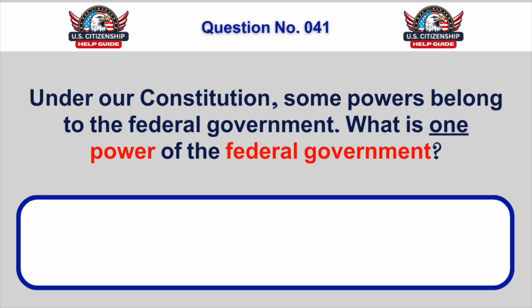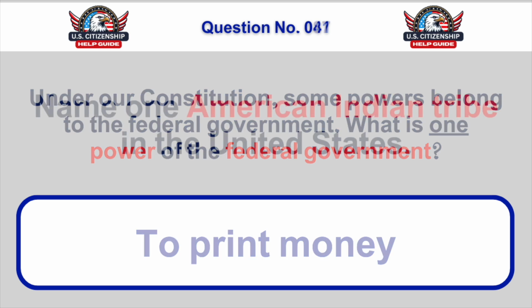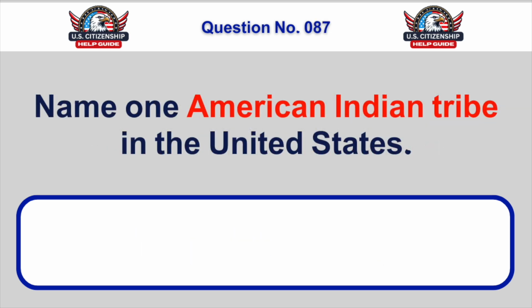Under our Constitution, some powers belong to the federal government. What is one power of the federal government? To print money. Name one American Indian tribe in the United States.